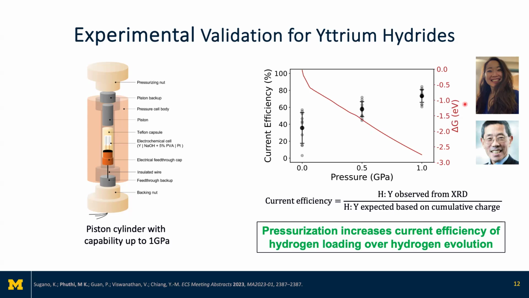A follow up, I see Karen is on. Did you actually try to quantify the kinetics versus the thermodynamic baseline, Karen, in your experiments? No, we did not. That would involve figuring out the hydrogen absorption energy and what the hydrogen evolution kinetics is on YH2 at different pressures, and that would have been a very involved process.